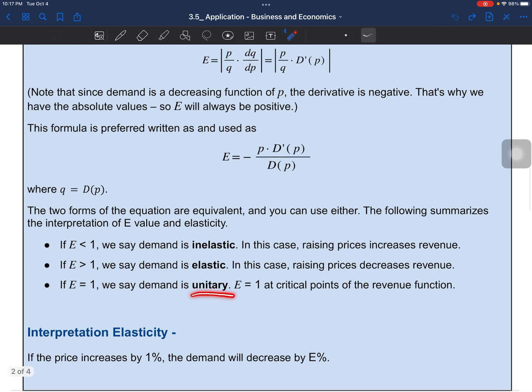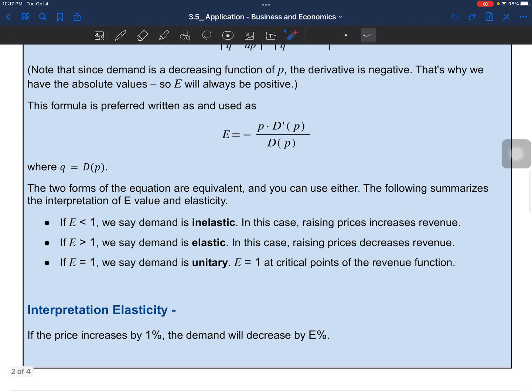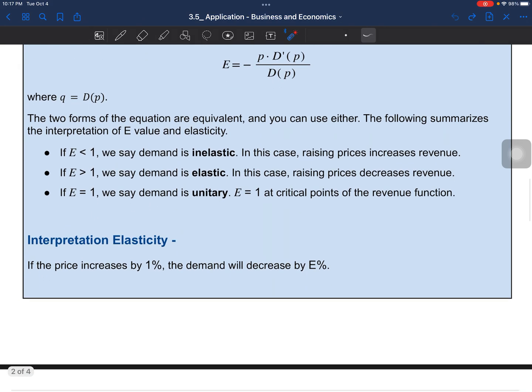The other case is, what if we have E equals 1? Then we say that this is the unitary value, and we consider that to be a critical point of the revenue function. Critical point means that this could be a maximum or a minimum for the revenue.